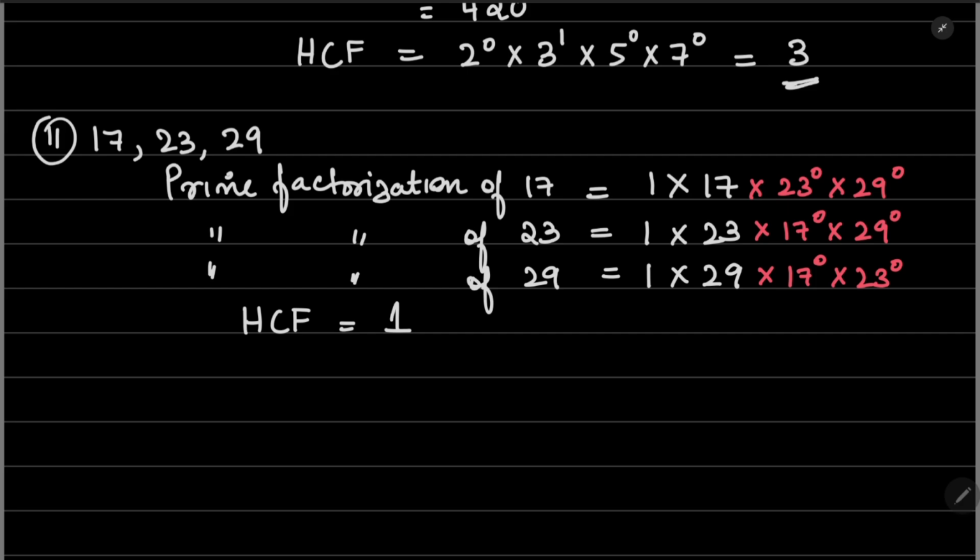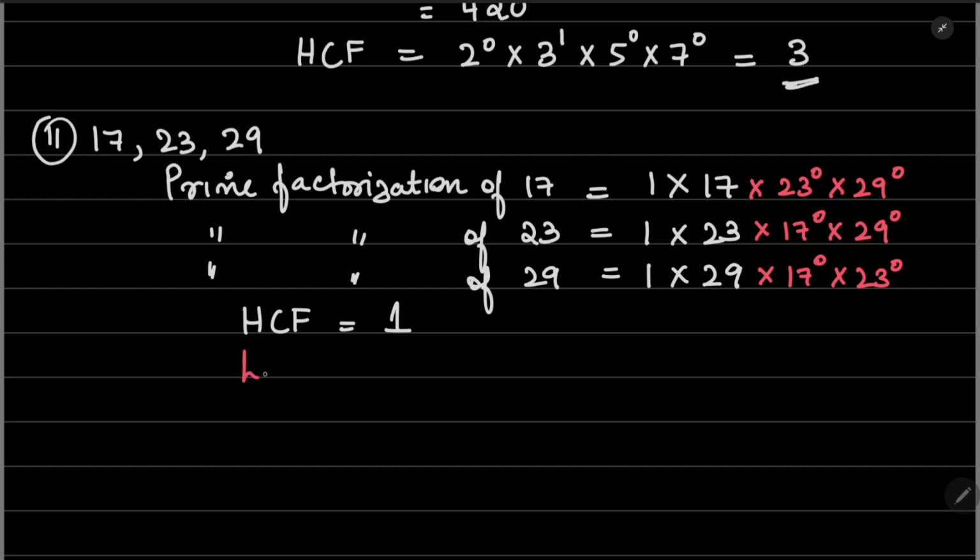You can just add them so that all the factors are common across the 3 numbers. The lowest power is 1, multiplied by 23 raised to the power 0, 17 raised to the power 0 and 29 raised to the power 0, so it is just going to be 1.